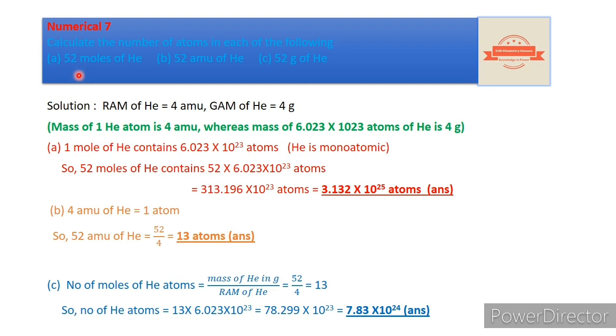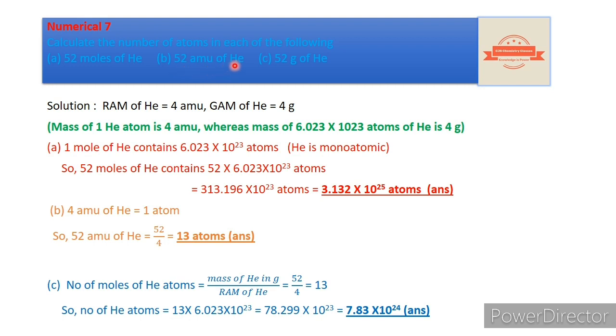Now in 52 moles of helium, we have to calculate the number of atoms. 1 mole of helium contains Avogadro number of atoms. Therefore 52 moles of helium will contain 52 into Avogadro number, that is equal to 3.132 into 10 to the power 25 atoms.